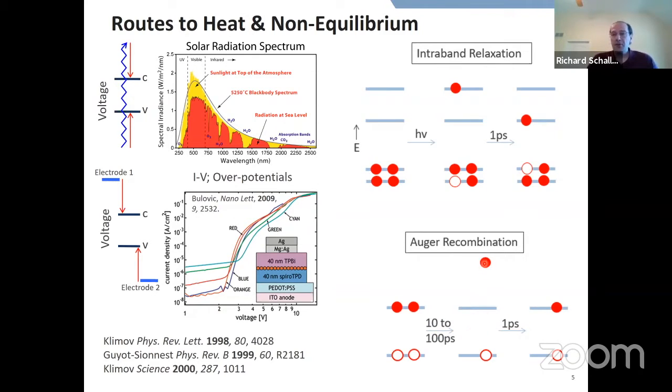And then you go back to a single electron hole pair state by non-radiative relaxation of the one electron hole pair. So your energy is maintained here, but now you have a hot carrier, just like in the intraband relaxation picture. And then in 1 picosecond, once you form that state, you go back to a cold single electron hole pair. So both of these processes can be operative, and both are understood to create your phonons.